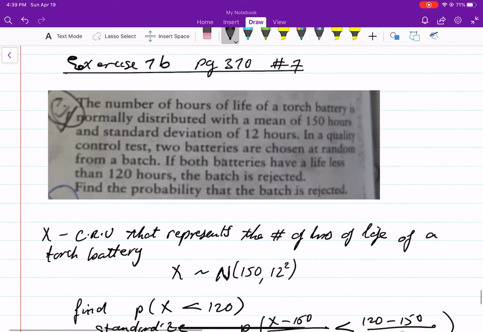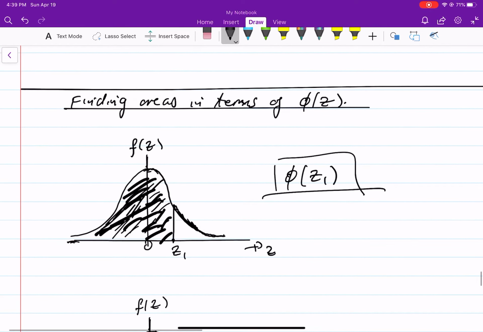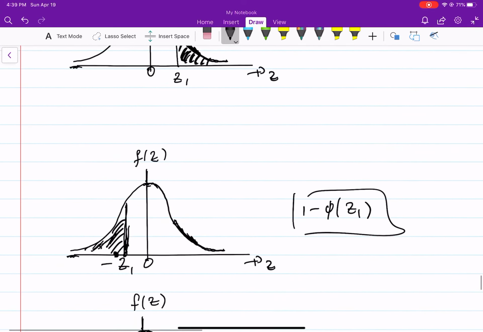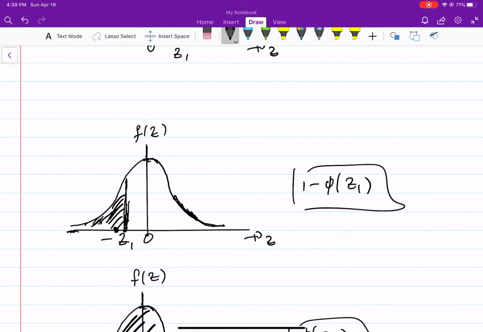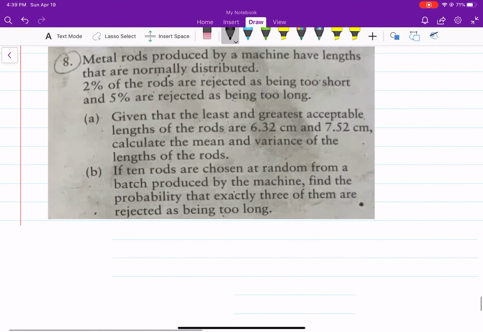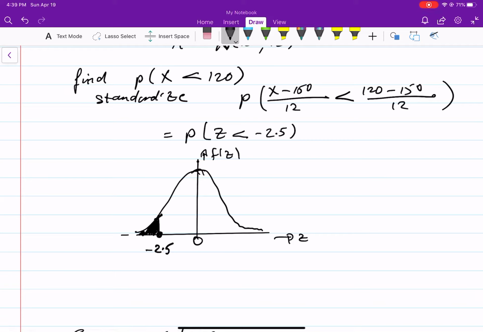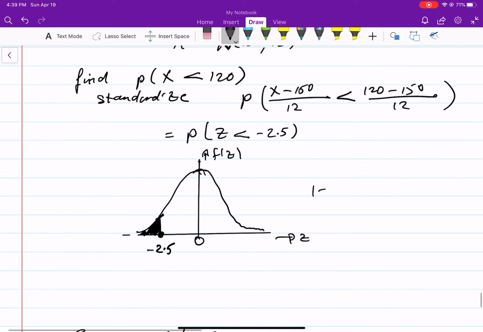Well, we just went through a whole list of scenarios. Let me see which one that would satisfy. If I remember correctly, I think it's the second one. No, the third one. You're looking at the probability that you're less than a negative z value. That's 1 minus the probability that you're less than the positive z value: 1 minus phi of 2.5.